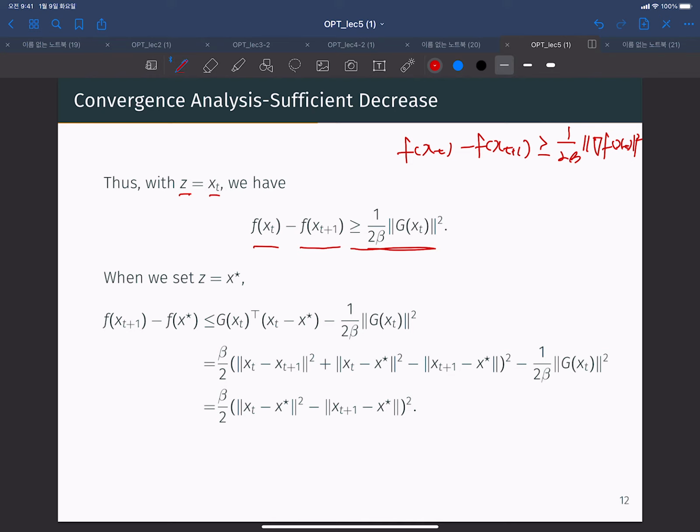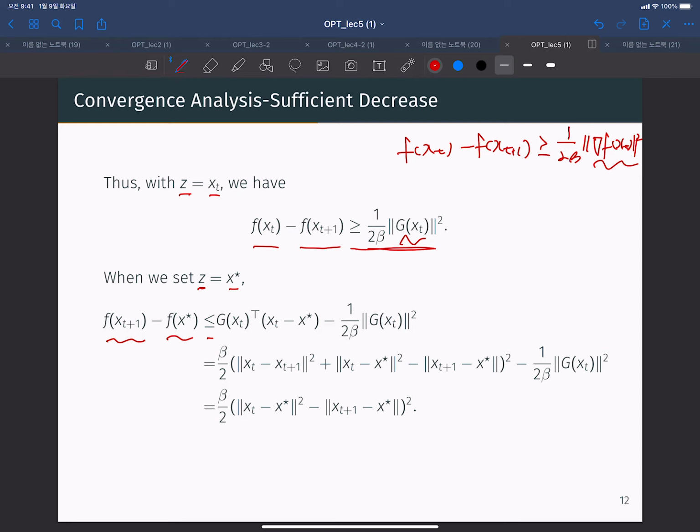We just replace this part, the gradient of f(x_t) norm squared, by the generalized gradient norm squared. When we set z equal to x star, the optimal point, we have f(x_{t+1}) minus f(x star) less than or equal to G(x_t) transpose (x_t minus x star) minus 1 over 2 beta times G(x_t) norm squared.